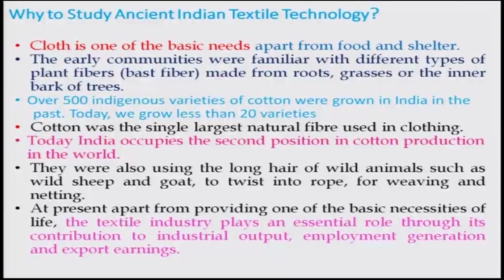Cotton was the single largest natural fiber used in clothing. Of course, nowadays a lot of other things have come in, particularly artificial fibers like polyesters, nylons and others. Even today, India occupies the second position in cotton production in the entire world. People also used the long hair of wild animals such as wild sheep, goat and also camels, twisted into rope for weaving and knitting.